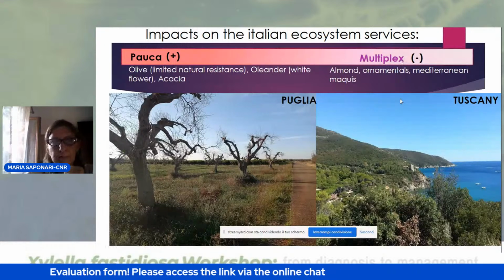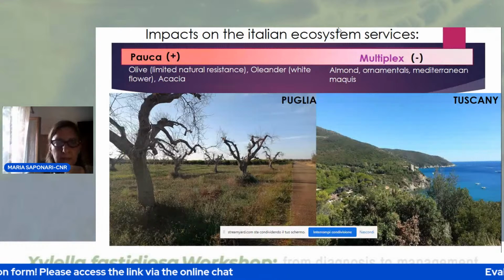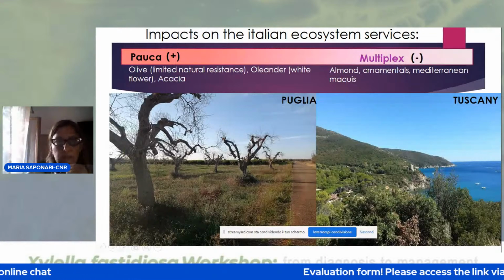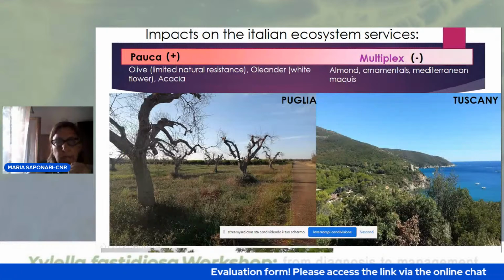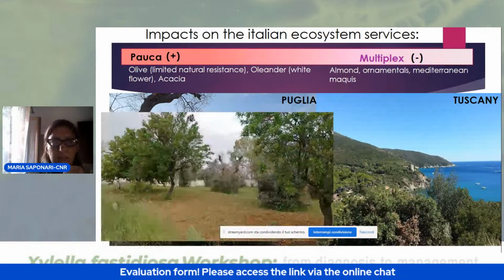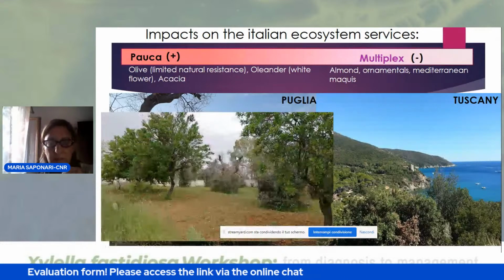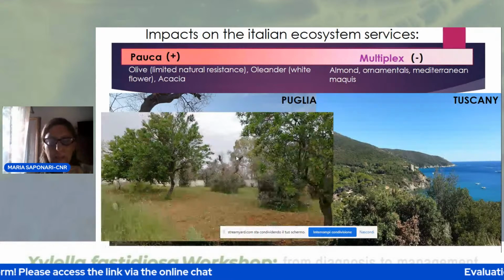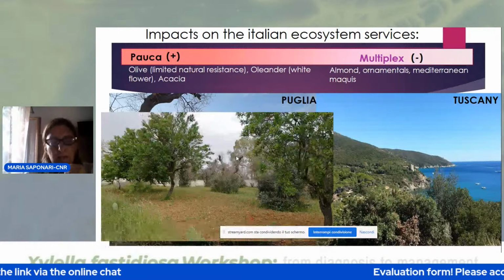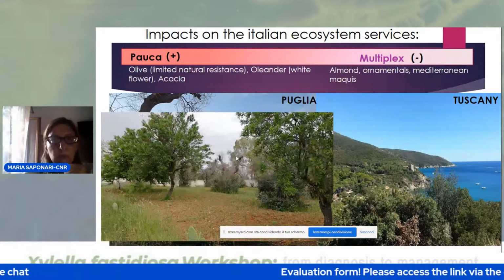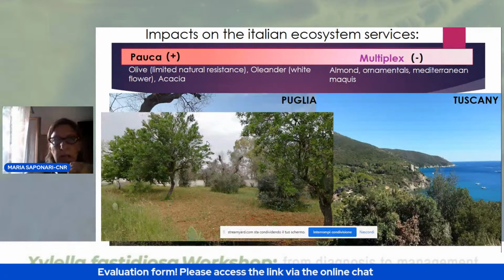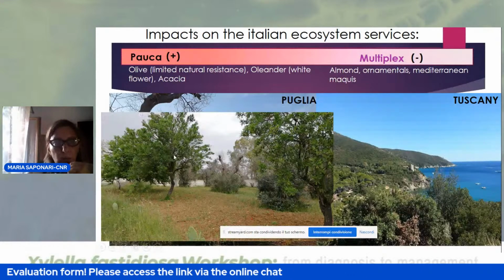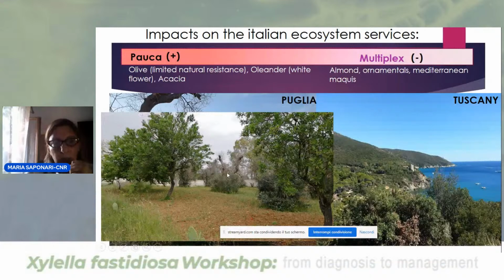In Apulia, as I was mentioning before, this strain is causing a disaster on olive, but, as for other strains of Xylella, fortunately this strain is not able to cause disease in almond, citrus, or grapes. As you can see here, almonds look quite healthy in the same olive groves that are destroyed.